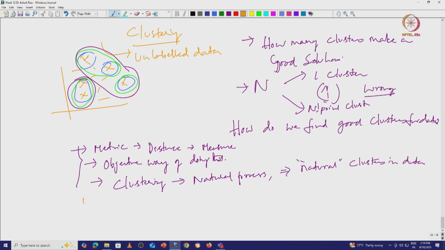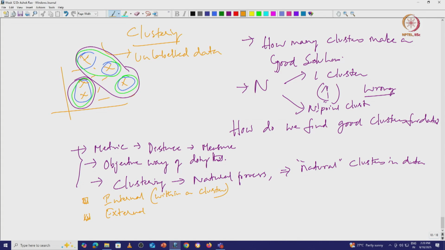We use two parameters. One is internal, meaning within a cluster, and another external. So, this is quite intuitive.